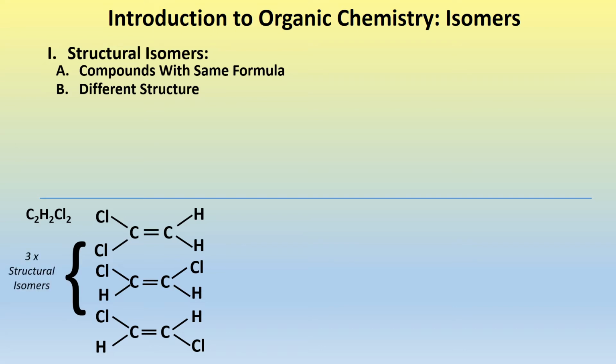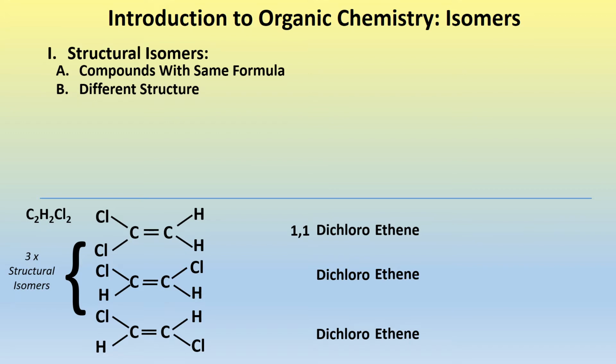If one looks at the naming, all 3 compounds have a double-bonded carbon, which makes them ethene. They also have 2 chlorines, which makes each of them dichloroethene. The first compound, with the chlorines on the same side, is 1,1-dichloroethene.